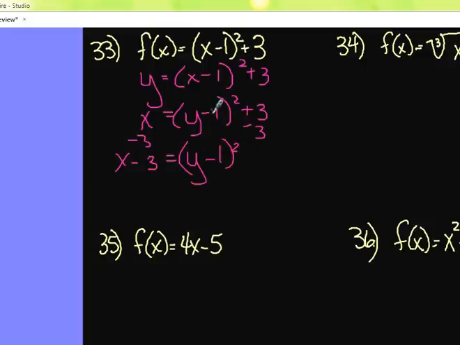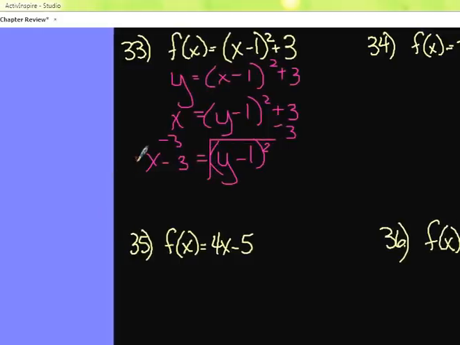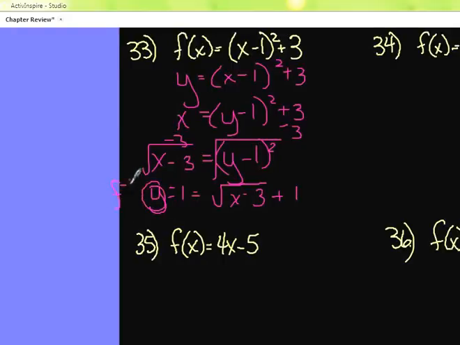And to rid ourselves of the 2, we can take its square root. And we'll get y minus 1 is equal to the square root of x minus 3. That's all underneath one radical. And then if I add the 1 to the other side, that'll give me y equals the square root of x minus 3, plus 1. And then what we want to do is simply take this out and type in f inverse.